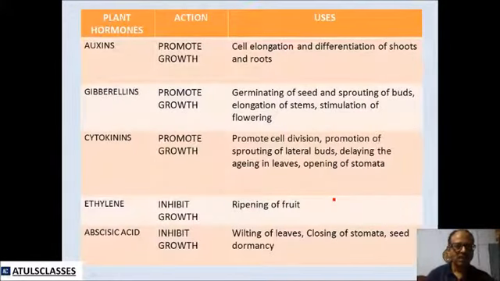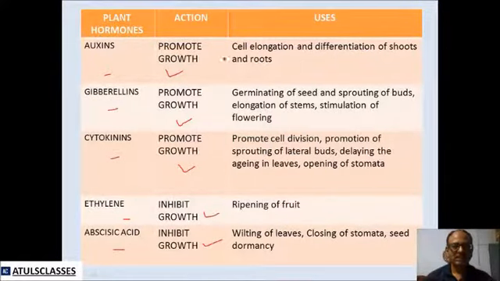So the plants have 1, 2, 3, 4, 5 basic hormones that are related to the growth of a plant. Some of them promote growth, and some of them are important for stopping or inhibiting growth. So we have auxins, gibberellins and cytokinins as promoters, and ethylene gas and abscisic acid as the inhibitors.